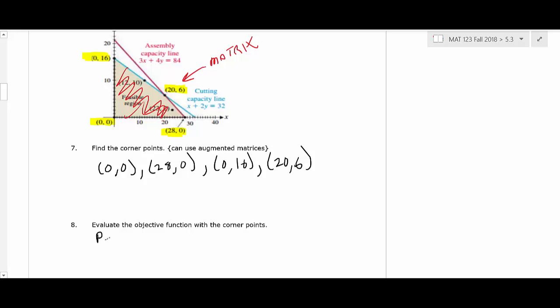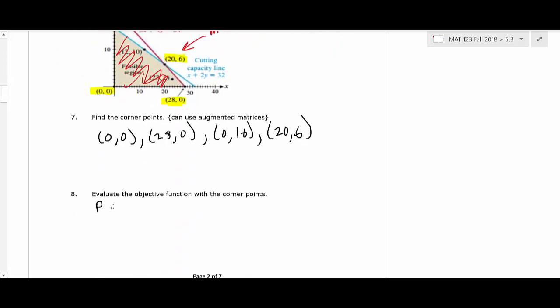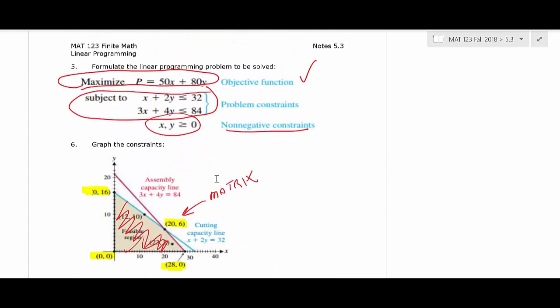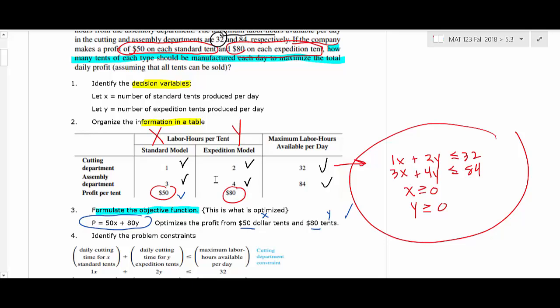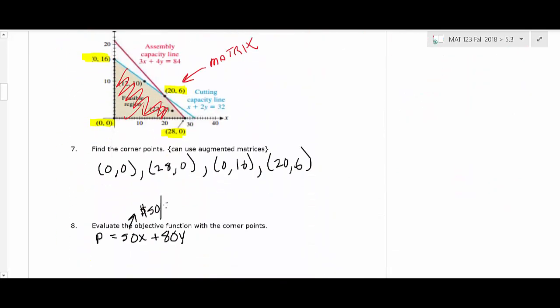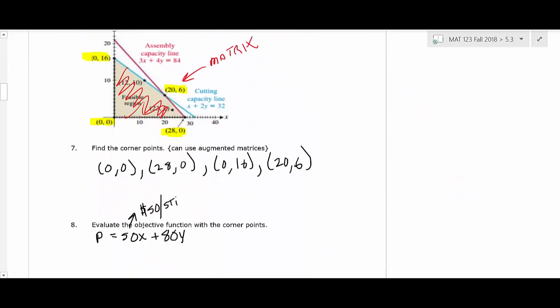The objective function in this problem was P equals 50x plus 80y. And if you read the problem, that 50 just means $50 per, and I forgot what my tents were. We had standard and expedition, okay? So it was 50 per standard tent, and that was $80 per expedition tent.